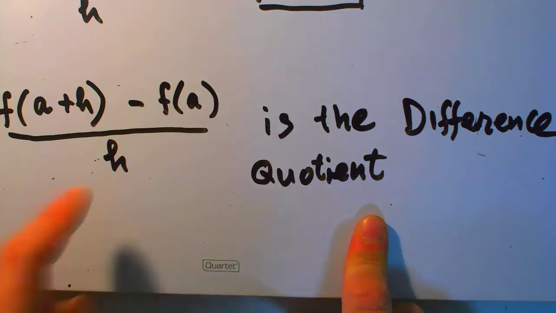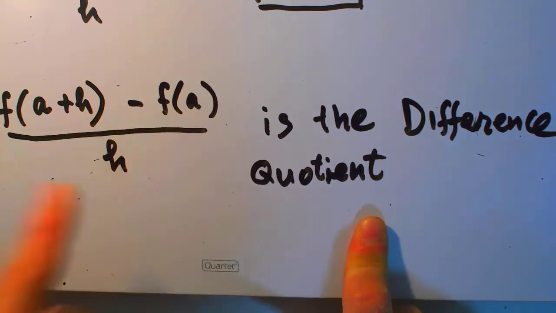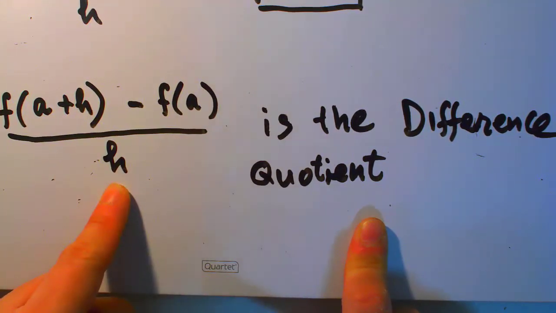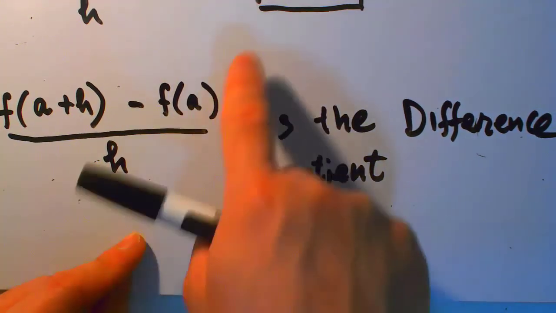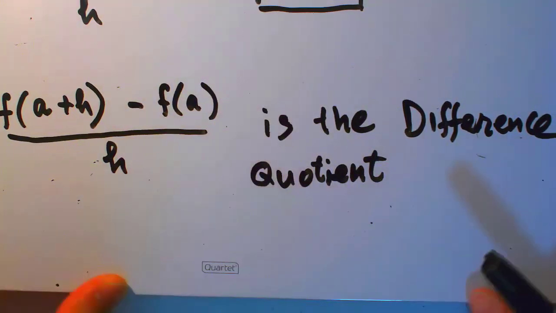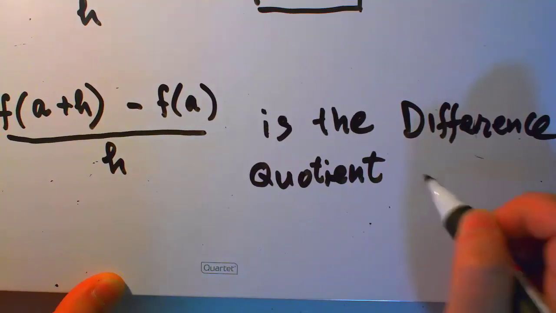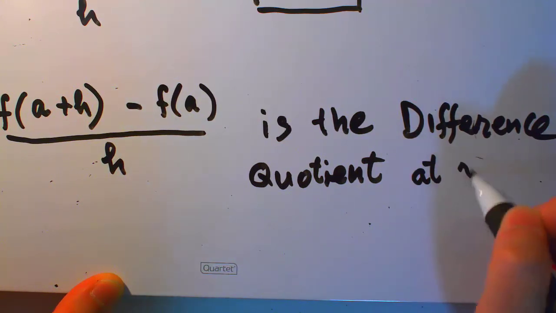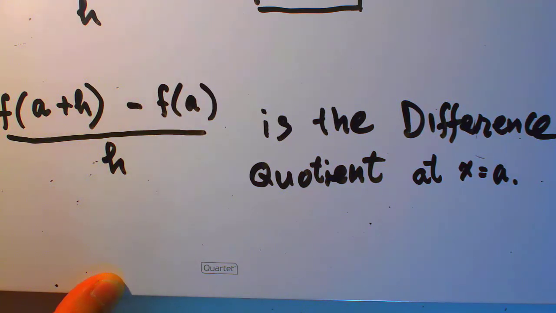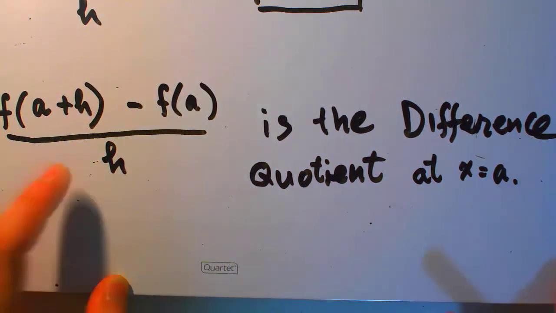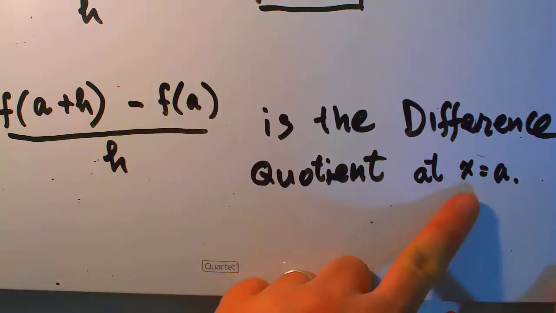It's the difference quotient because in this setup there's a difference in the numerator, and the denominator is divided by an h. It's a quotient, a fraction: there's a numerator and a denominator. That's why it's called a difference quotient. In particular, it was a difference quotient at the given value x equals a. What it means by at x equals a is that we can apply this general setup, a difference quotient, at different given x values.